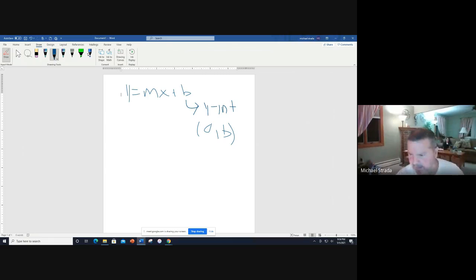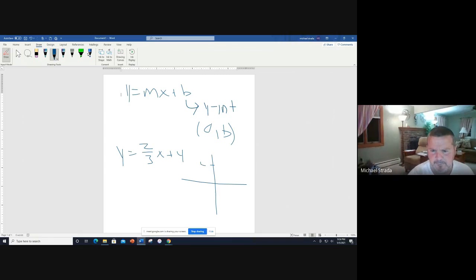So if you have to graph y equals 2/3 x plus 4, you're going to start at 4 on the y-axis. And then this is what we consider slope that we'll talk about in these modules. The numerator is how much you go up or down. The denominator is how much you move to the right. So from the 4, I'm going to go up 2 and over 3 and plot that point. And then connect to form your line.